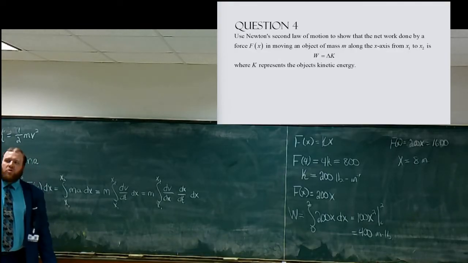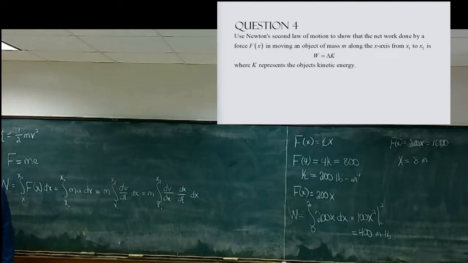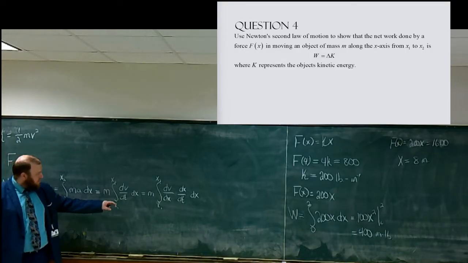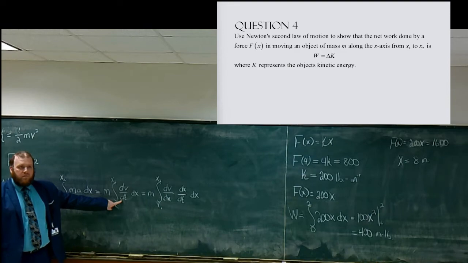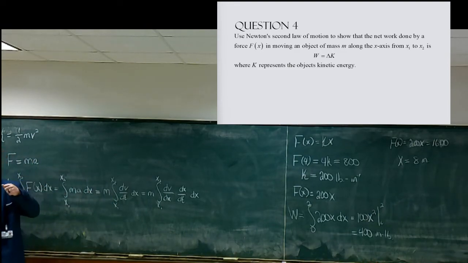Right, and the reason this works: yes, velocity is a function of time, but so is your position. Your position is also a function of time. Which means inherently, velocity can also be written as a function of position. Because your position changes with respect to time, which causes your velocity to change. If velocity changes as you move, that makes it a function of position.